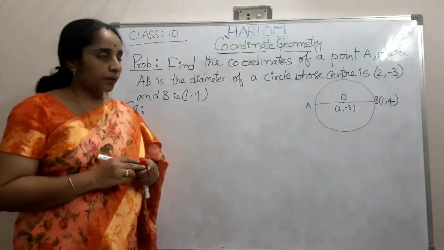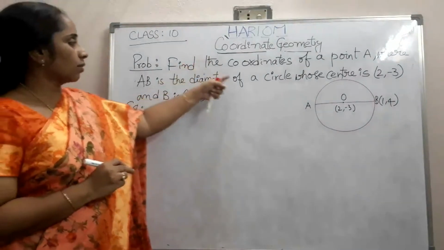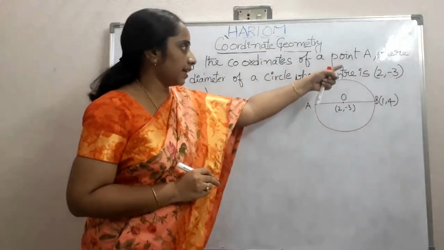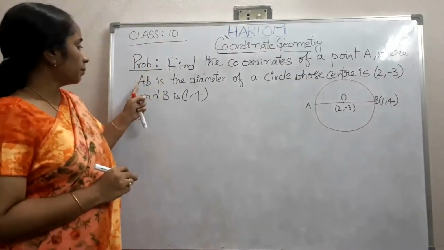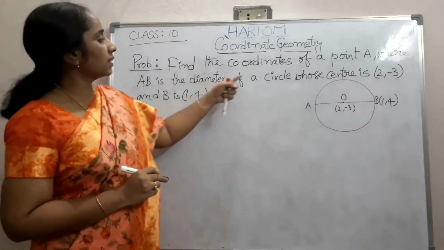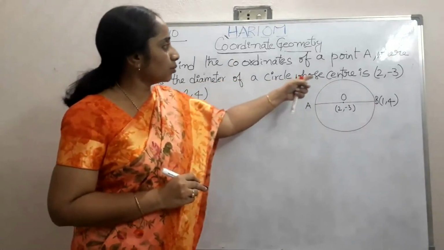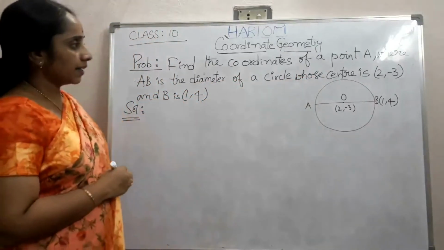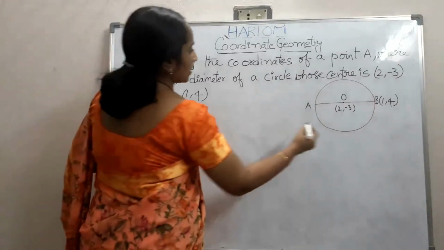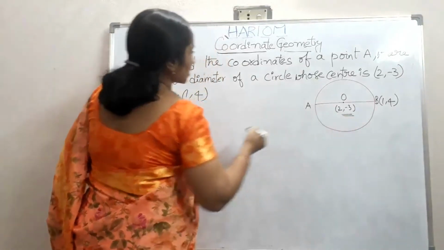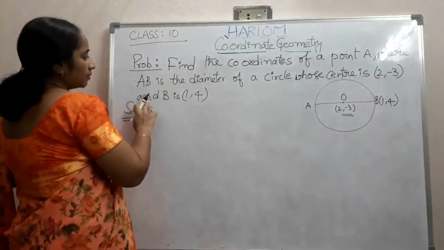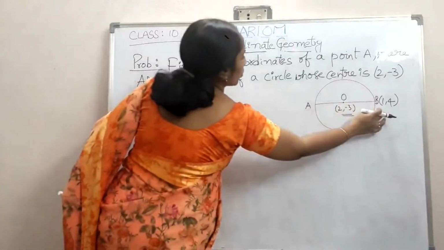Here is a problem. Find the coordinates of a point A where AB is the diameter of a circle whose center is 2 comma minus 3 and B is 1 comma 4.